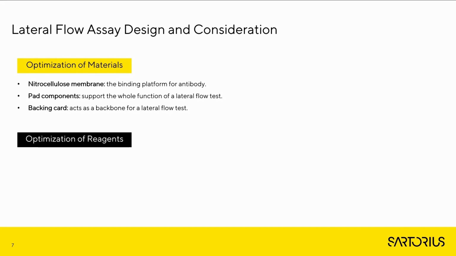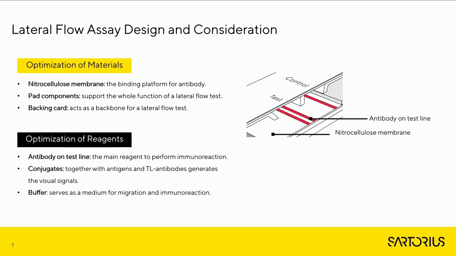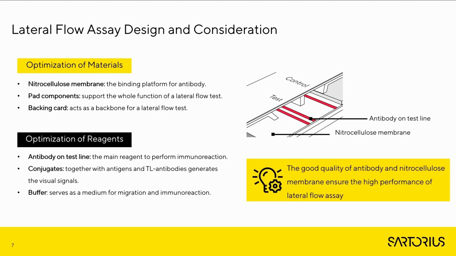For optimization of reagents, the antibody on the test line performing immunoreactions, conjugates, and buffers should be optimized during production. Among these materials and reagents, good quality of antibody and nitrocellulose membranes ensures the high quality of the lateral flow test.